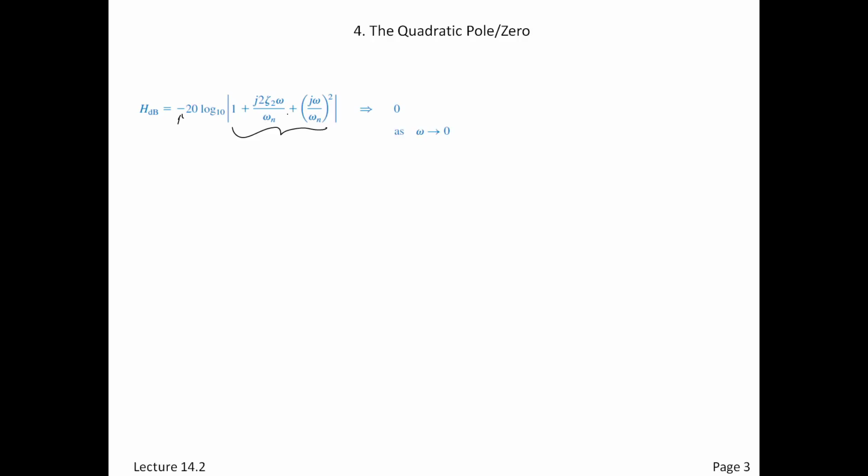And let's take a look at this. As omega approaches 0, in other words, that's a tenth of whatever the pole values are, the top term here, that and that, are going to go to 0, and we're going to end up with our typical minus 20 log to the base 10 of 1, but that log is 0, so irrespective of being plus or minus 20, we're going to end up with 0 as the number of dB magnitude.